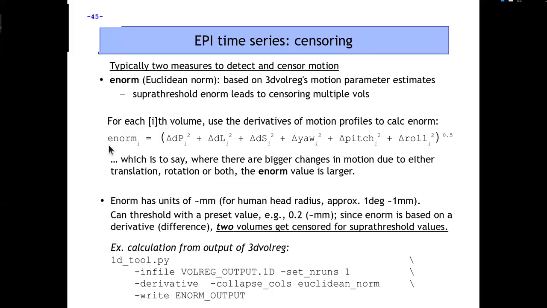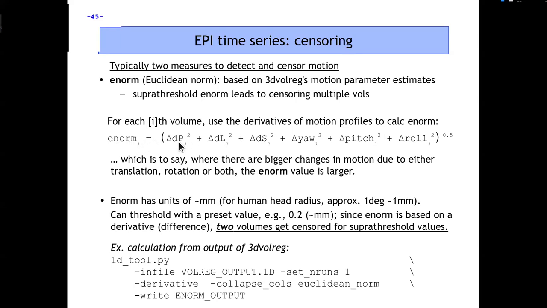So we calculate enorm, which is the change in each parameter, the delta of dP and the delta of dL, so how much the translation along the anterior-posterior axis and the left-right axis is changing. We take the square root of the sum of squares of that, and we make a single time series out of it.